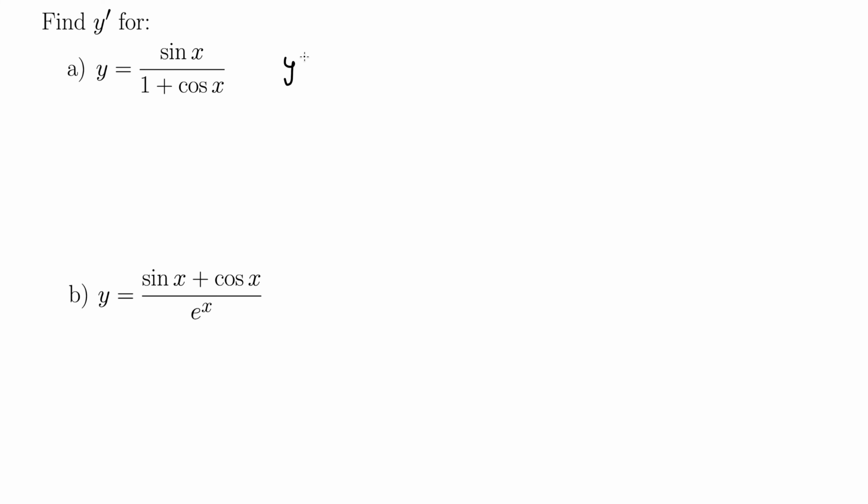So y prime then must be, remember the quotient rule says, there's a lot of ways to state it, but we can say low d high minus high d low over the square, and away we go. So low d high: low is 1 plus cos x, d high, the derivative of sine x, is cos x, minus high sine x d low.